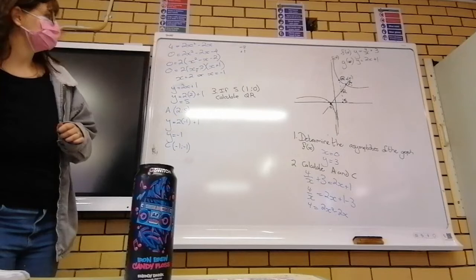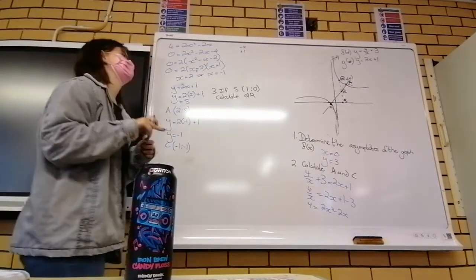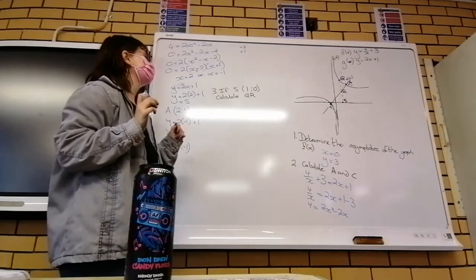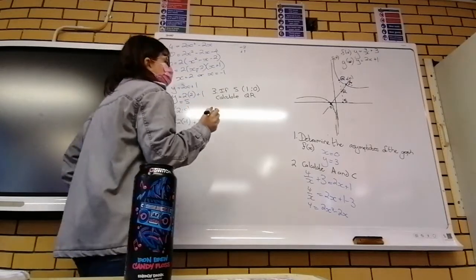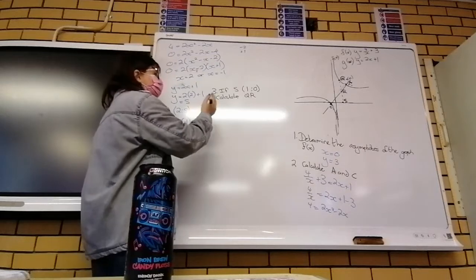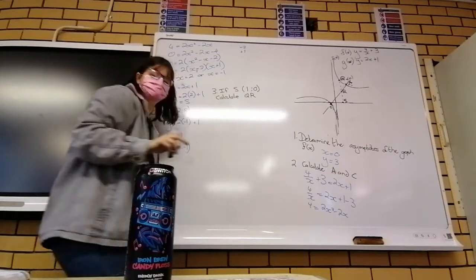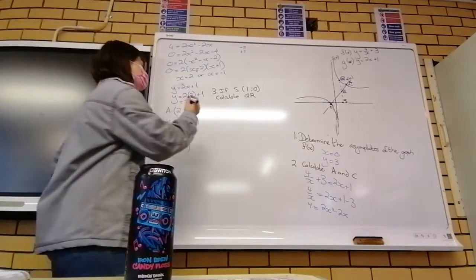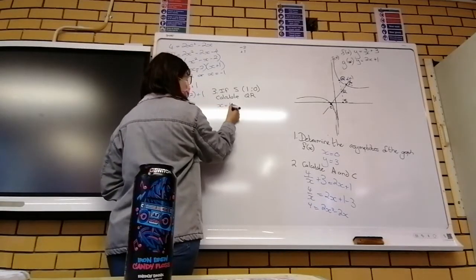So now what I'm going to do is first calculate the point R. I know my X value is 1. X is equal to 1.